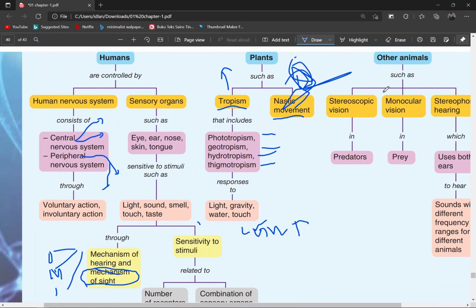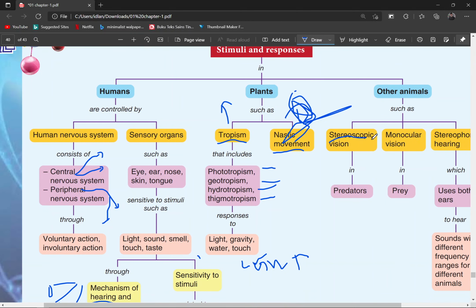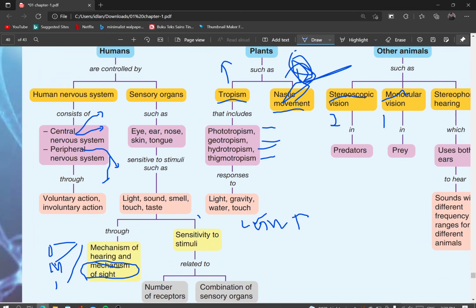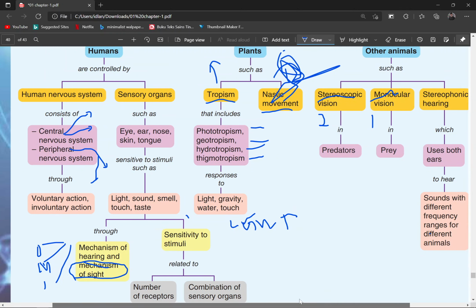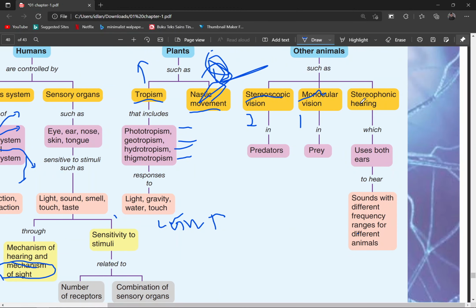Lepas tu ada animal. Kita ada stereoscopic dengan monocular. Stereo tu dua, mono tu satu. Monopod, monorail, satu aja dia punya rail tu. Okay, lepas tu kita ada stereophonic hearing. It uses both ears to hear sound with different frequency ranges for different animals. Human pun ada stereophonic hearing.